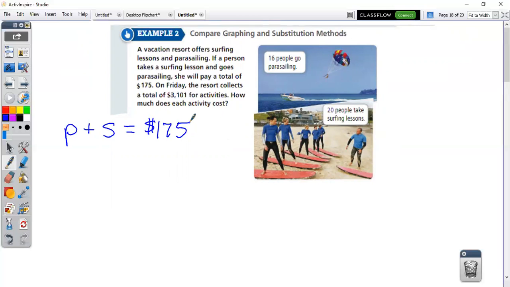So 16 people are going parasailing, plus 20 people are taking surfing lessons. That's going to equal how much for the day? $3,101. That's my two equations. That's what I'm going to use to find out what the cost to parasail and what the cost to surf is. That makes sense?